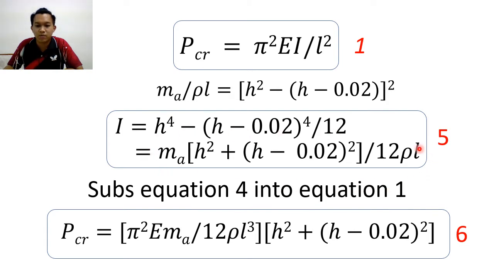Let it be equation 5. Okay, so that is a typing error. By substituting equation 5 into equation 1, we get a new equation for the critical load, which is pi power of 2 E MA over 12 rho L power of 3 times h power of 2 plus (h minus 0.02) power of 2.